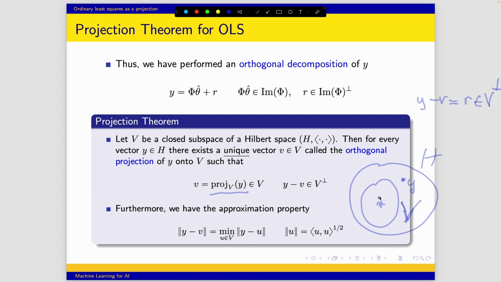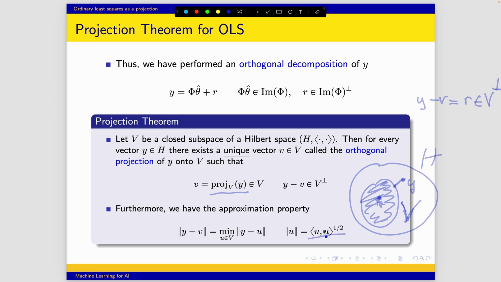And this orthogonal projection is that best approximation in this sense, that the distance between this and this, the norm of y minus v, is minimized over all vectors in here. So if I want to be a bit more intuitive, it's the vector that's closest to y but lies in V. And the closeness is measured using the norm that's induced by our inner product.